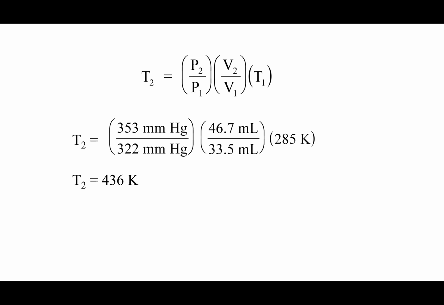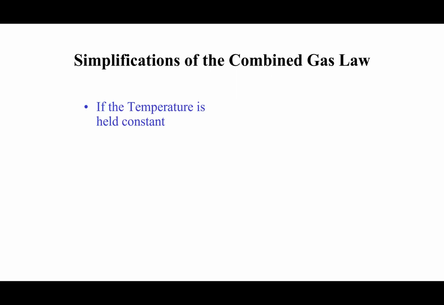So instead of adding 273, we have to subtract 273. If we take that Kelvin temperature of 436 Kelvin and subtract 273 units, you get 162 Celsius. That's it. QED.